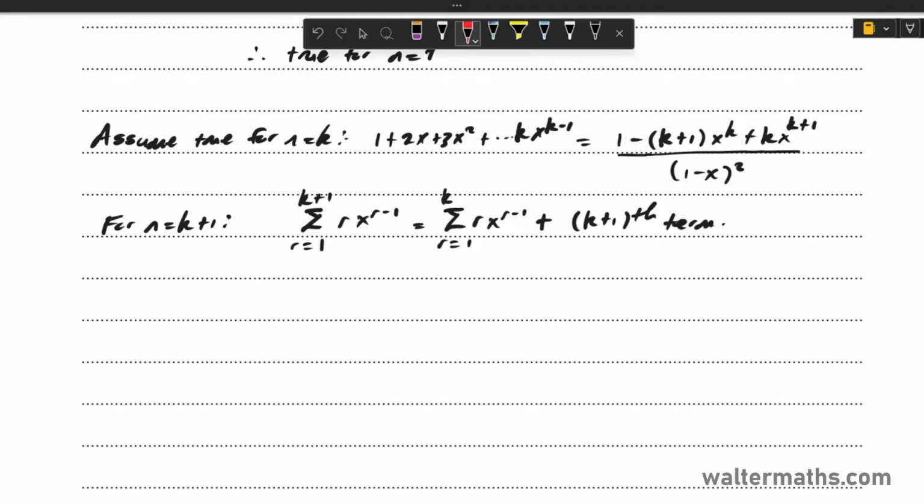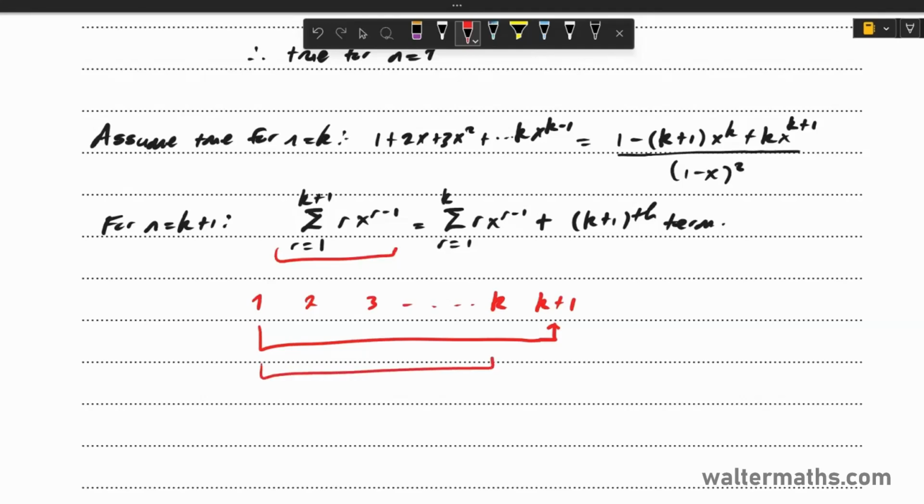If you have a series with terms first, second, third, up to the kth term, we know that the k plus 1th term comes after the kth term. So the sum from 1 up to the k plus 1th term is the same as adding the sum to the kth term plus the k plus 1th term itself.